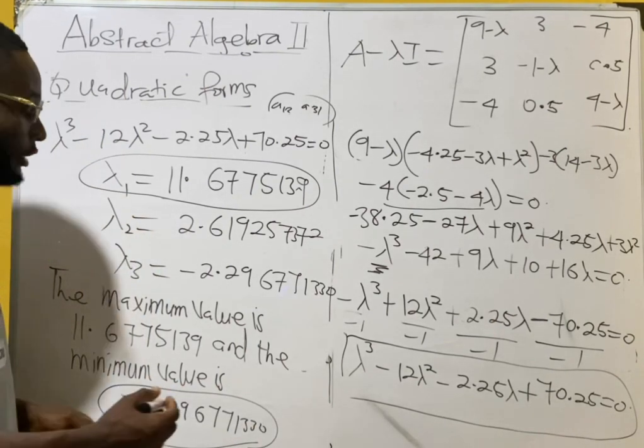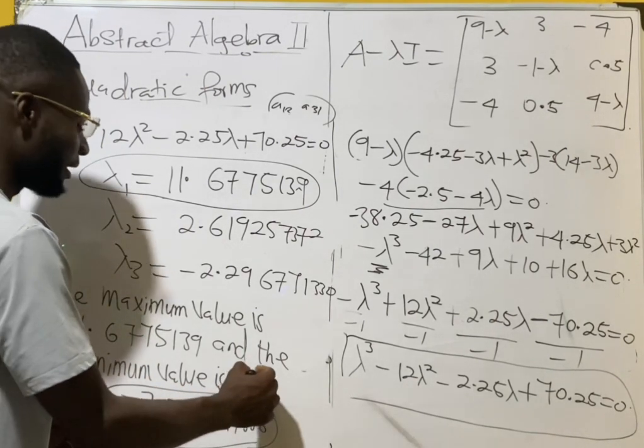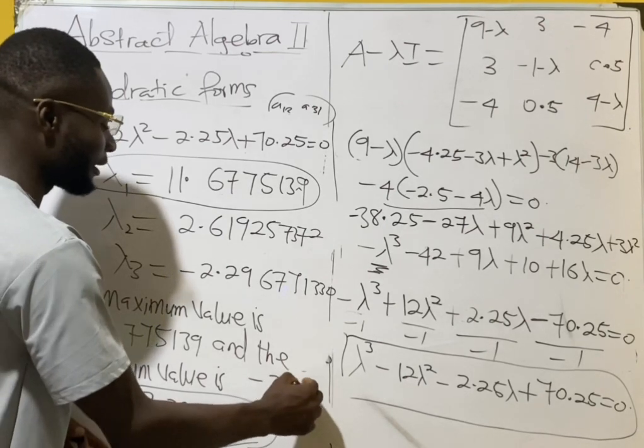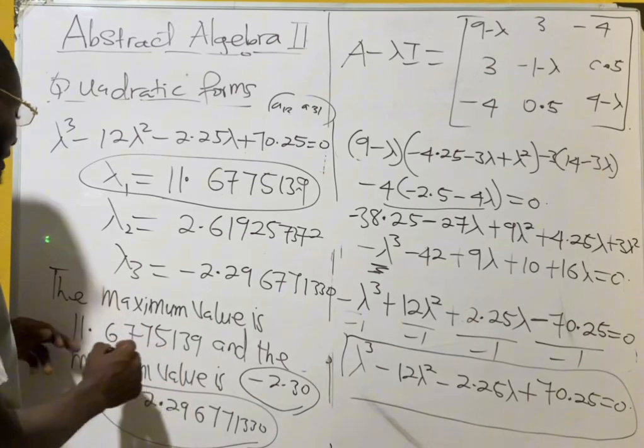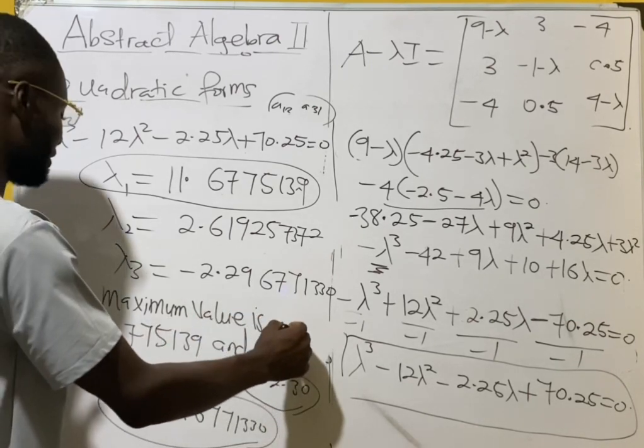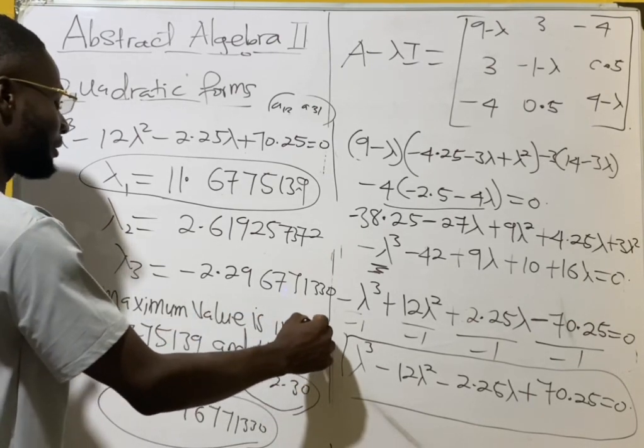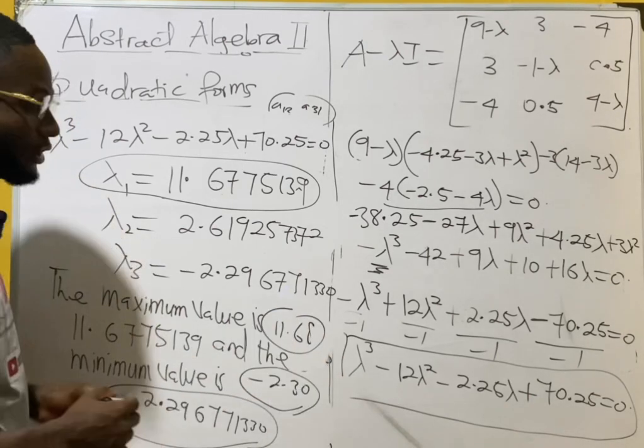Okay, you can decide to round it to have negative 2.30 for the minimum value and 11.68 for the maximum value.